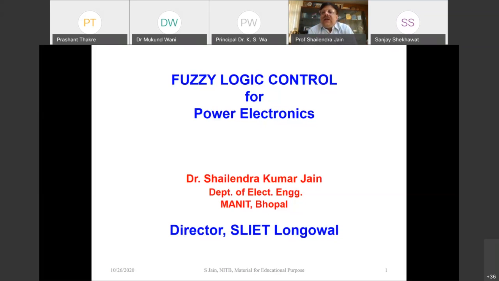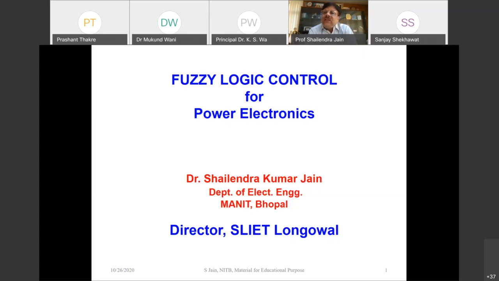And using power electronic systems, our mathematical modeling becomes much more complex. To implement effective control in non-linear systems like power electronic converters, the use of artificial intelligence, that is neural network and fuzzy logic based techniques, is being introduced.